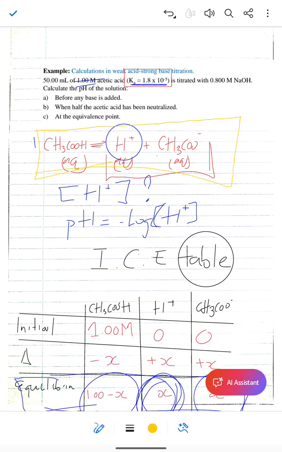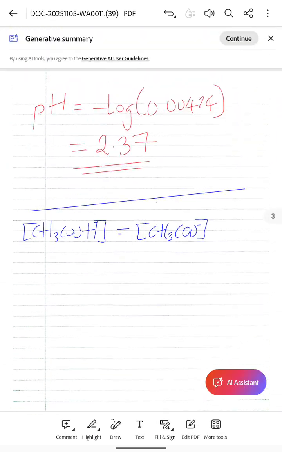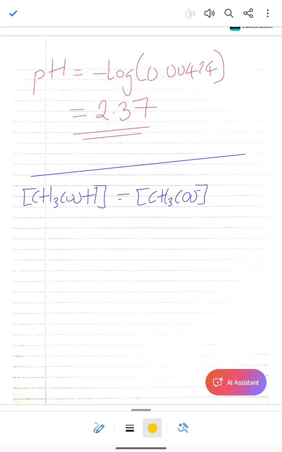So if you want to find the concentration of this, you just use the ratio 1:1, and it will give you the same. That's my conclusion here: the concentration of the acetic acid is equal to the concentration of the acetate ion.